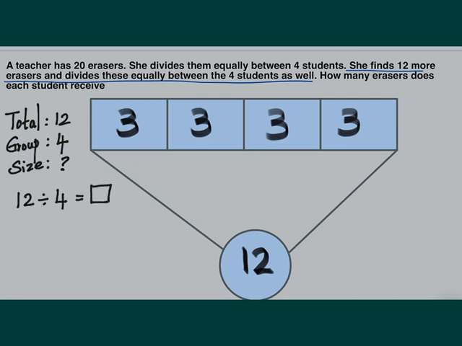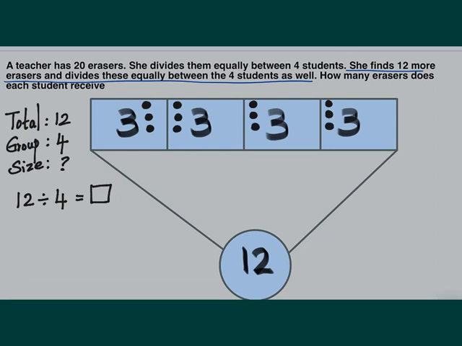Let me show you how I got 3. I divided the 12 into 4 groups. When I divide 12 into 4 groups, I got the answer like 1, 2, 3, 4, 5, 6, 7, 8, 9, 10, 11, 12.